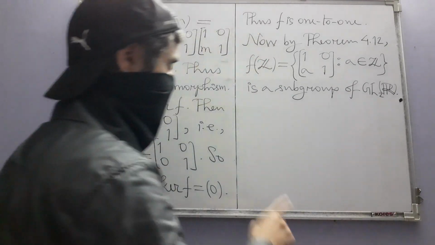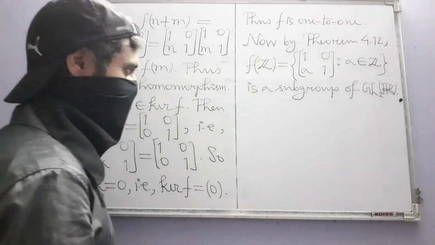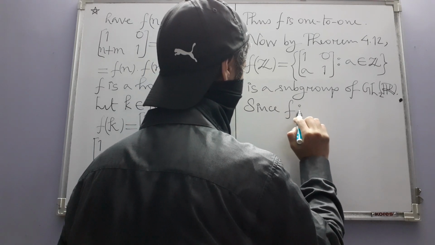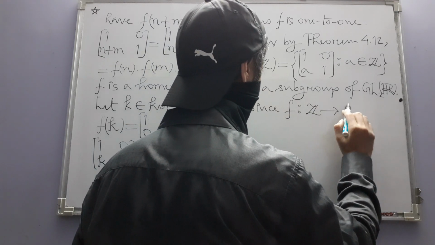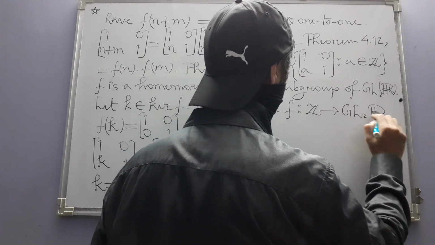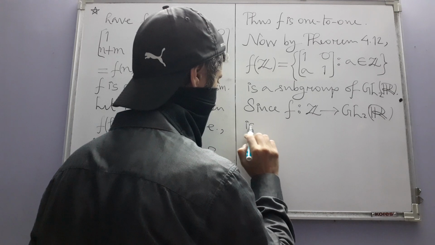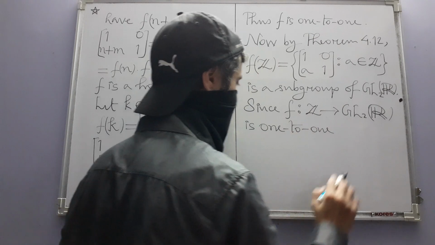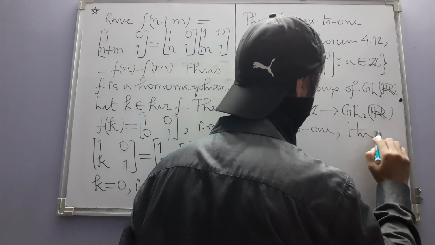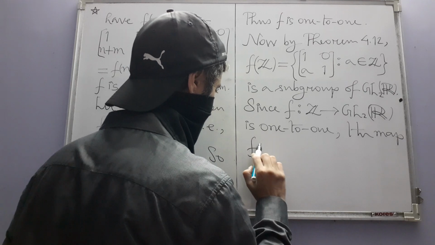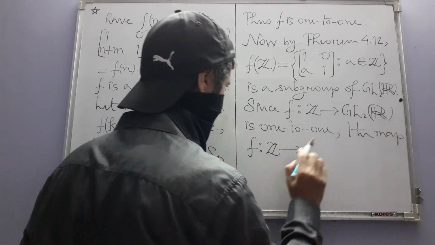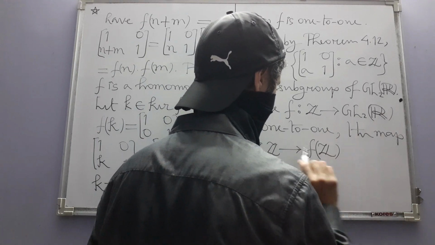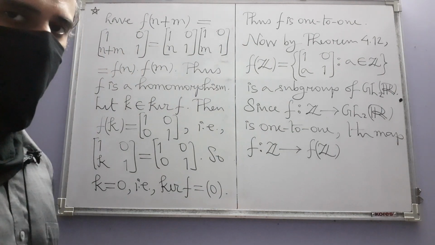However, what do we achieve from this one-to-oneness? We achieve this. Since f from this to the general linear group is one-to-one, if you change this general linear group and replace it with the image of Z under f, we can do that.